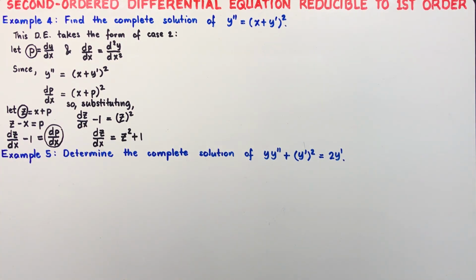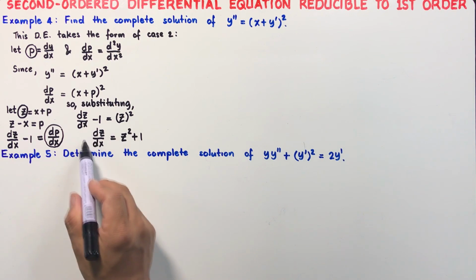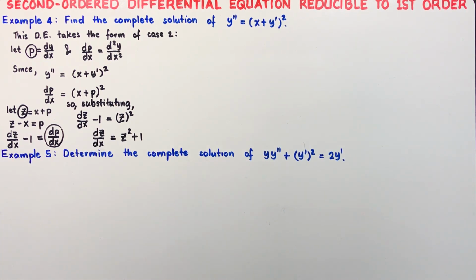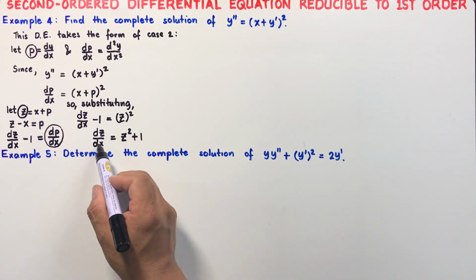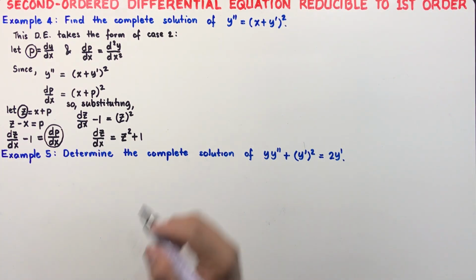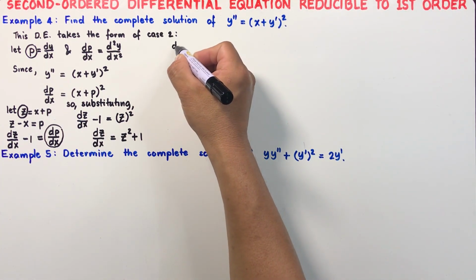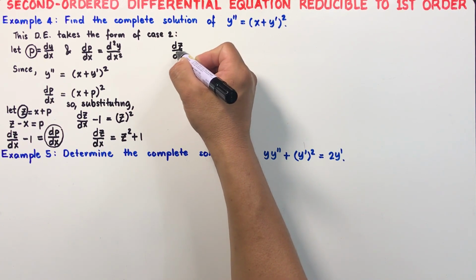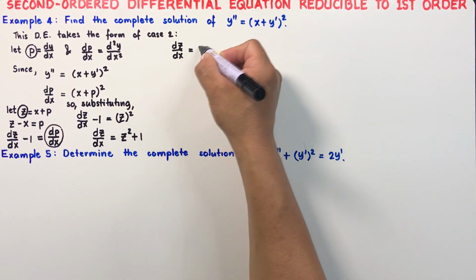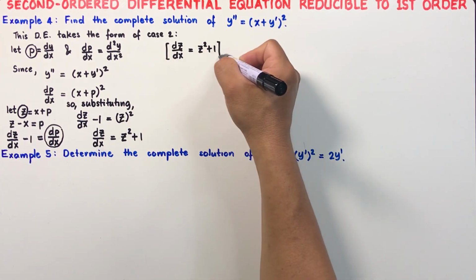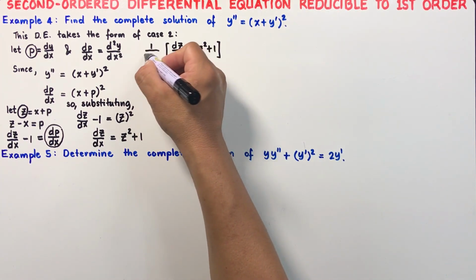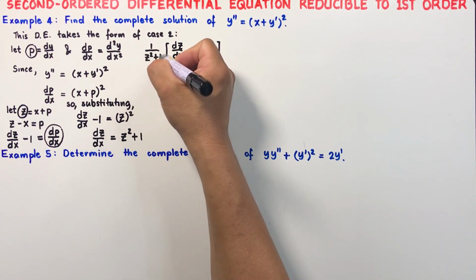And you notice that this is already a separable differential equation, because we can move this z squared plus 1 to the denominator of dz. We can do that by multiplying dz dx and also z squared plus 1 by the reciprocal of z squared plus 1.